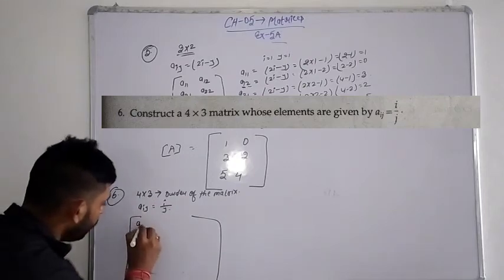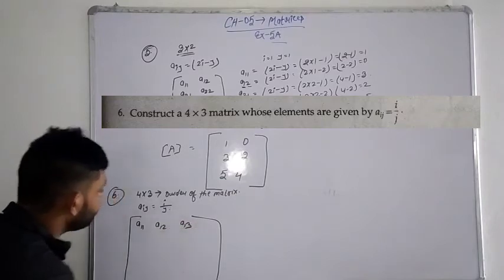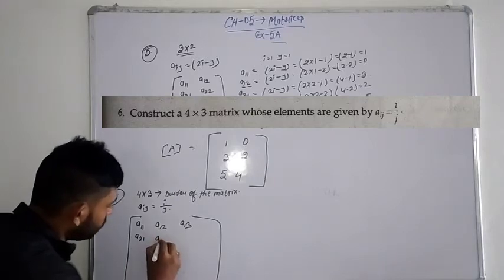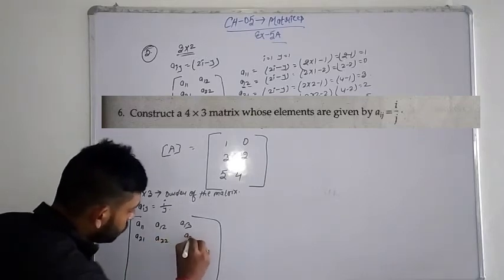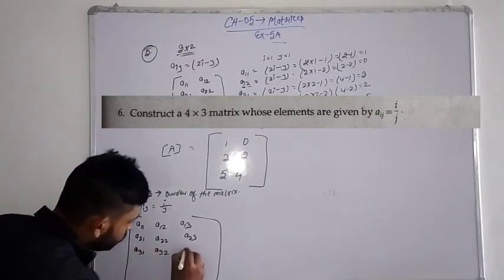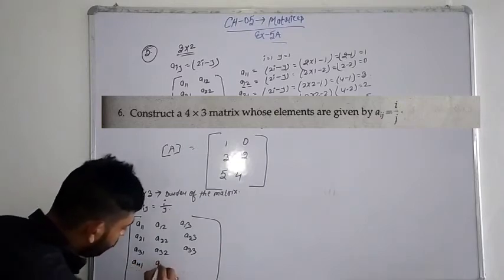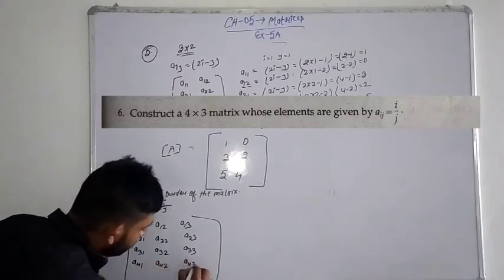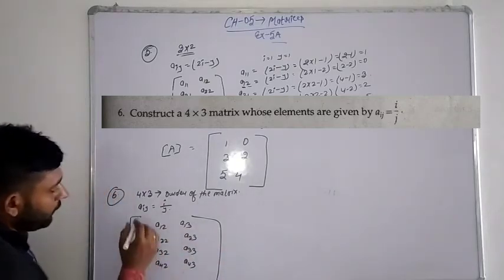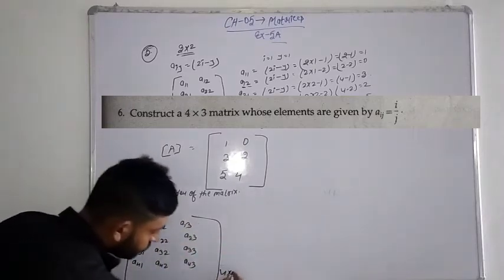So a11, a12, a13, a21, a22, a23, a31, a32, a33, a41, a42, and a43. That means 1, 2, 3, 4, that means 4 rows and 1, 2, 3 columns.